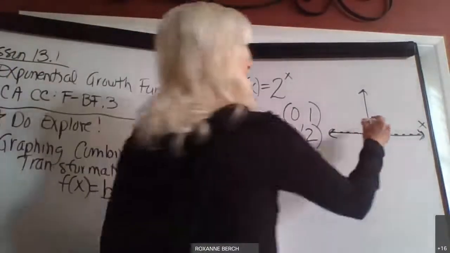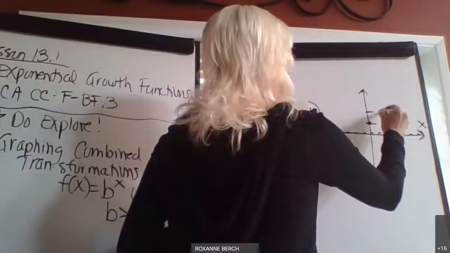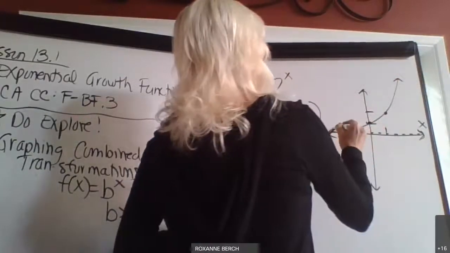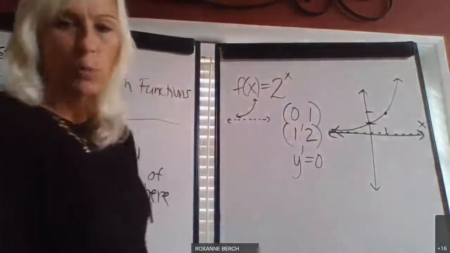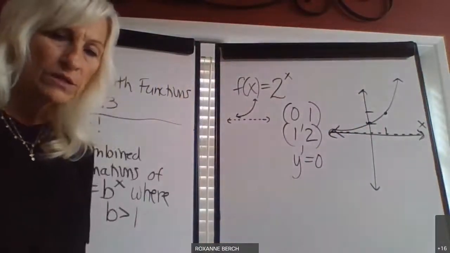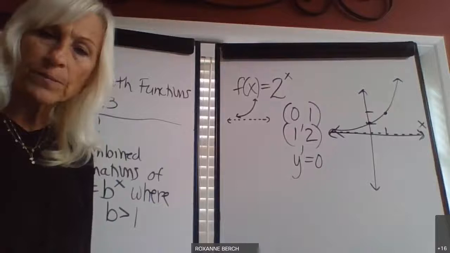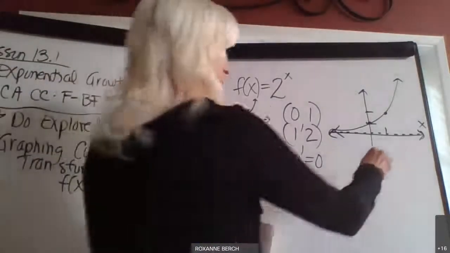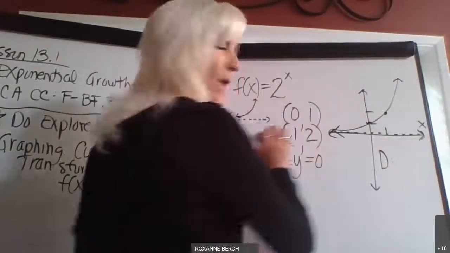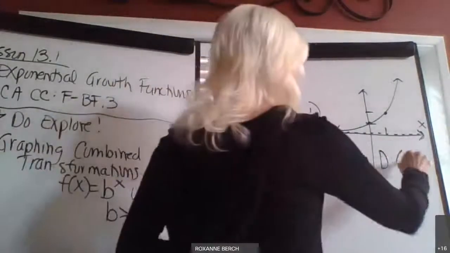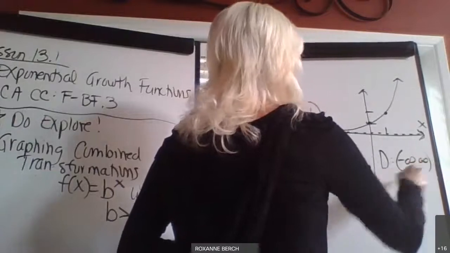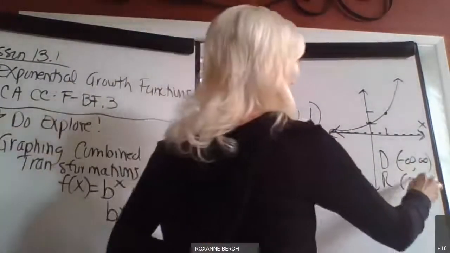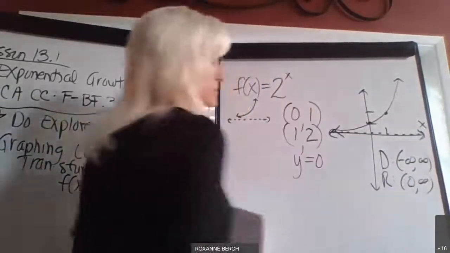And you just graph these points, 0 up 1, right 1 up 2, and you draw the graph up, running along the asymptote. So like I said, this is exponential growth. If they ask you to write domain and range, the domain is always left and right forever. And the range would be open on 0 up forever.